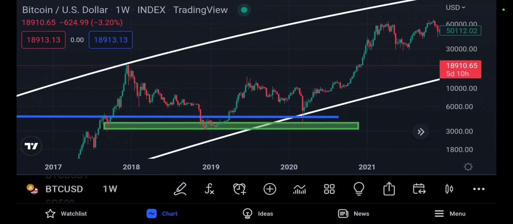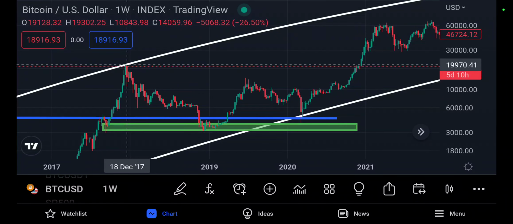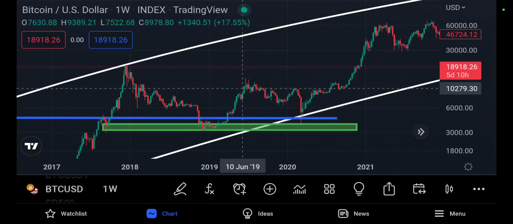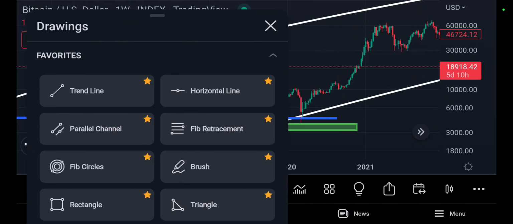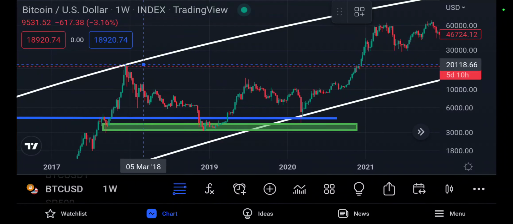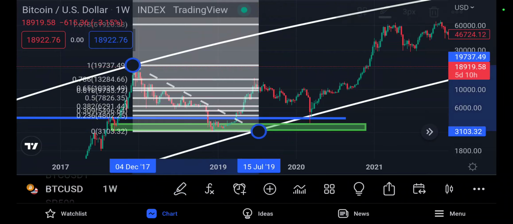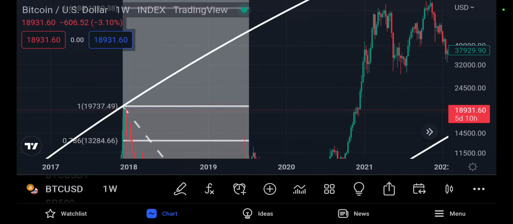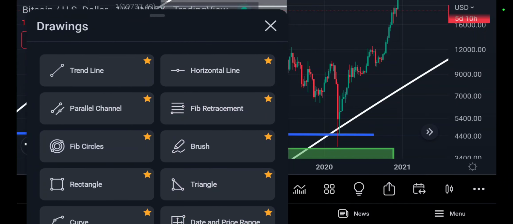So since we hit the top white trend line, saw a major decrease to the white trend line on the bottom, take a Fibonacci from top prices of $20,000 all the way to the low at 3,200, and then we just look at the 0.618 Fib, and we mark that.